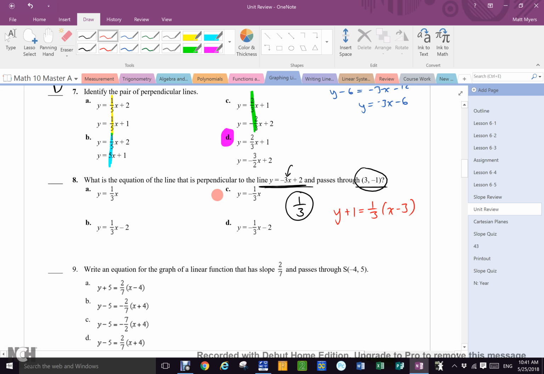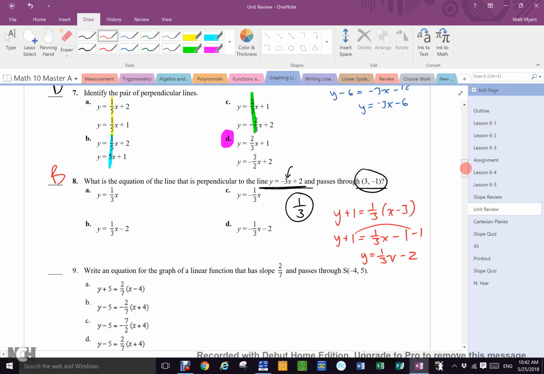Except those are in slope intercept form. Y plus 1 equals 1/3 x minus 1. Y equals 1/3 x. Bring that 1 over, becomes negative 1 minus 2. D. Oh, nope, sorry, D is negative. B. Didn't see that little negative sneaking in there.